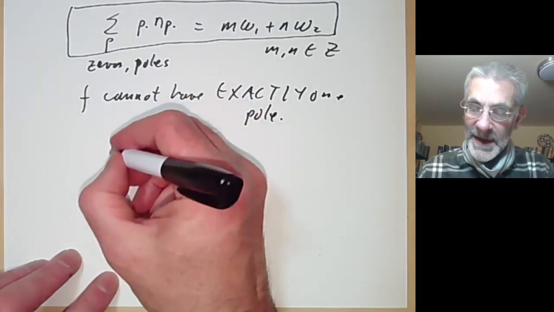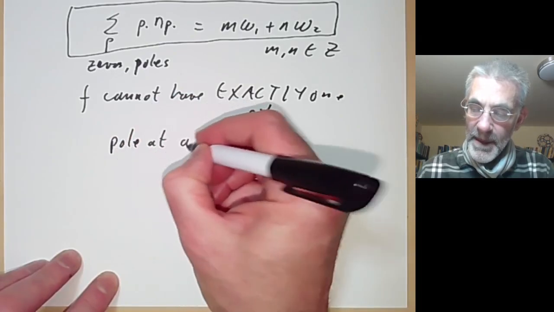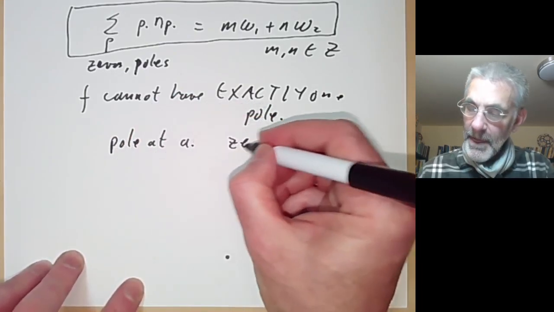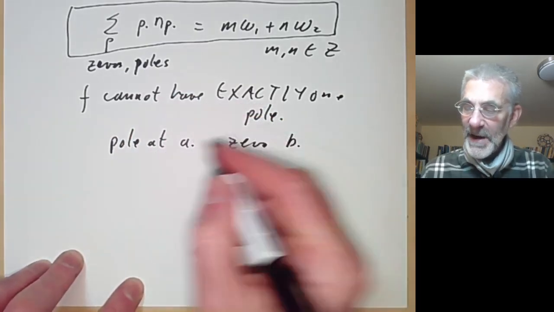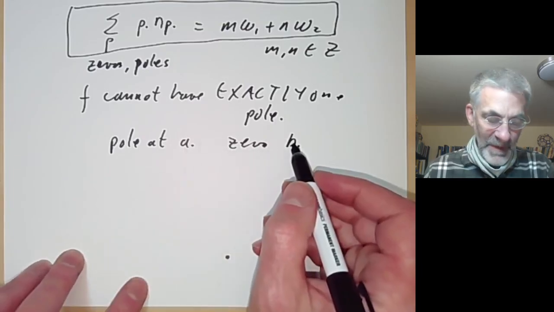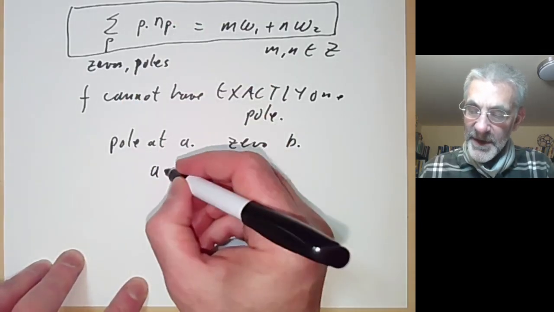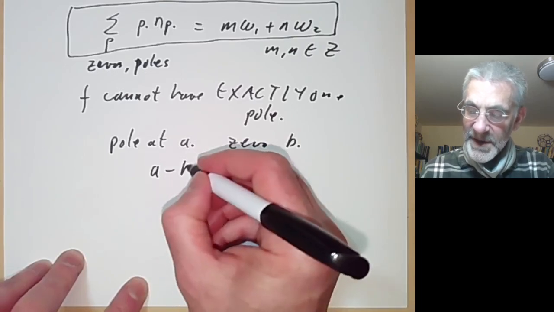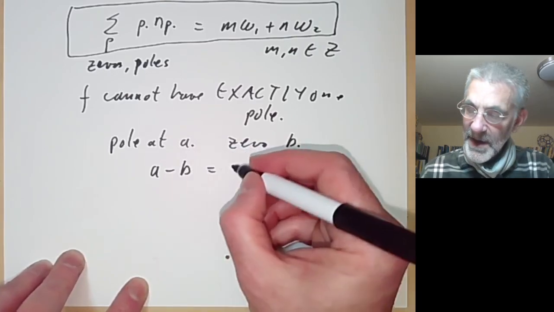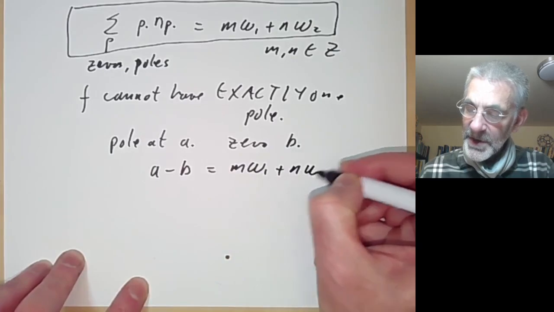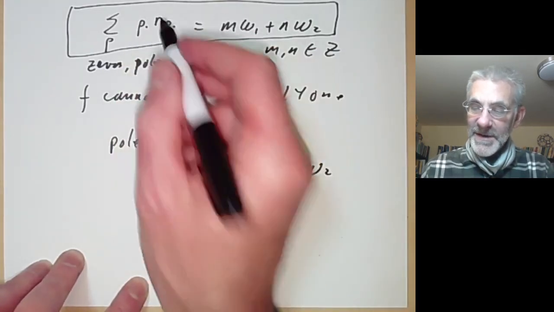Well, suppose that it has a pole at A, it must then have a 0 at B for some number B. Well, then we see from this that the sum of all the zeros minus the sum of all the poles must be m omega 1 plus n omega 2 for some m and n. That's in here.